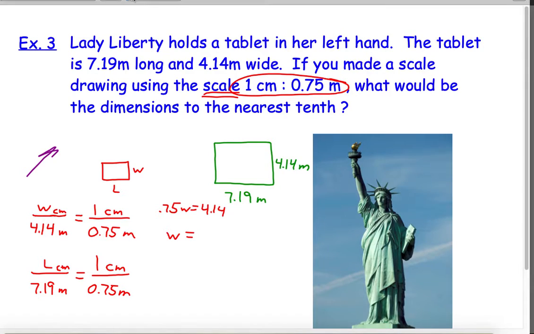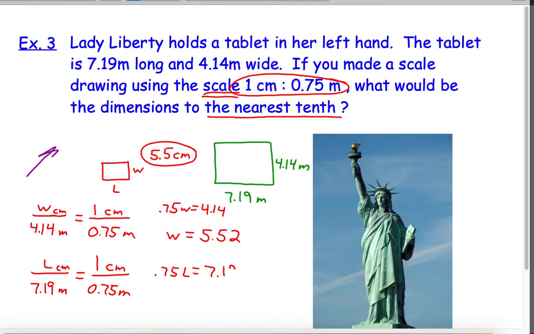And let's go back here. And remember, it said round to the nearest tenth. So that's going to be 5.5 centimeters for the width of my drawing. And then for L, I've got 0.75 L equals 1 times 7.19.